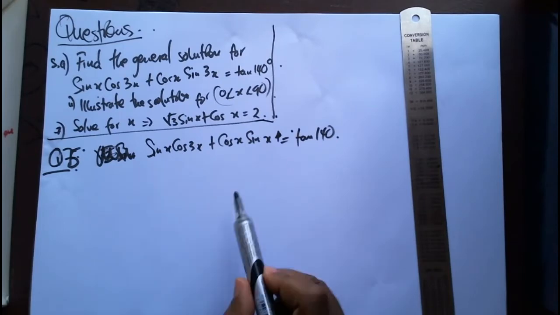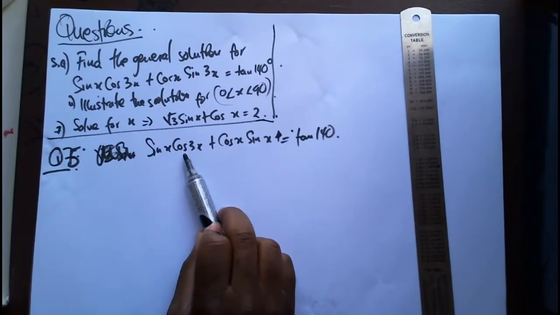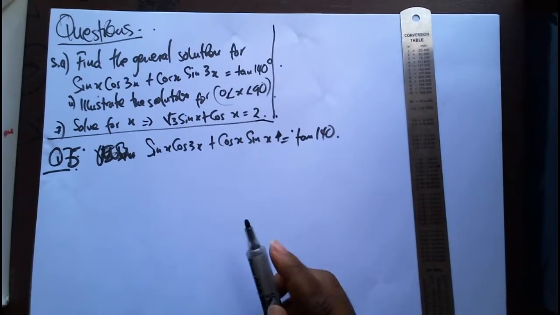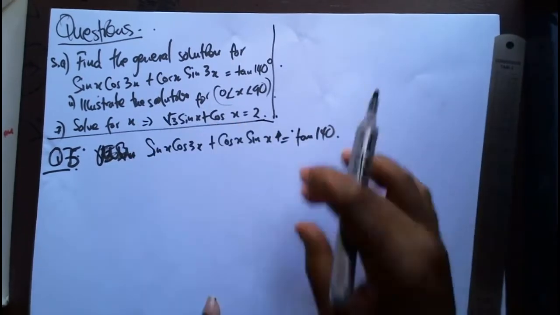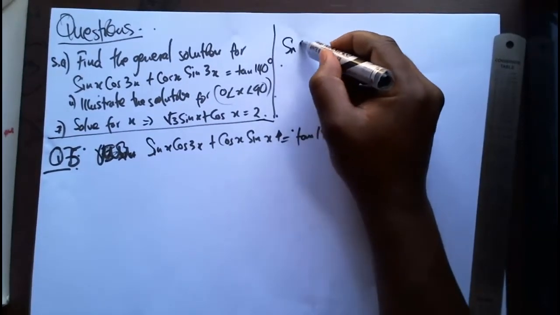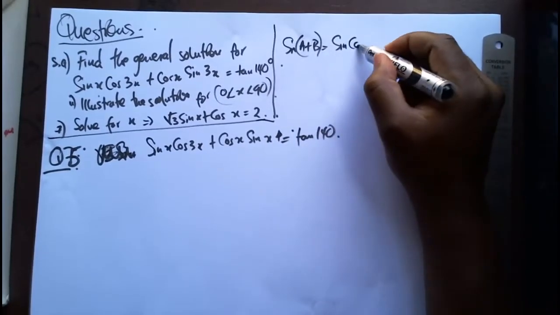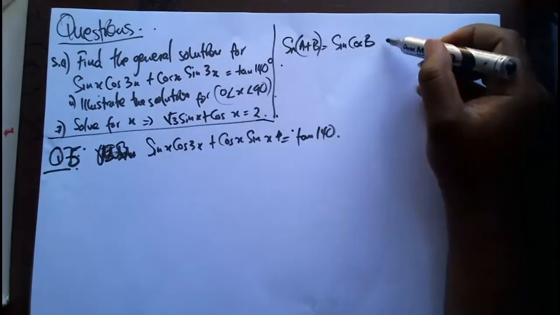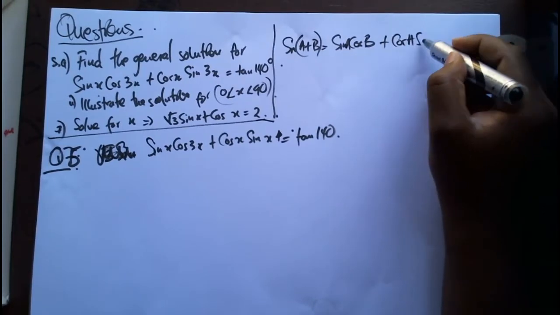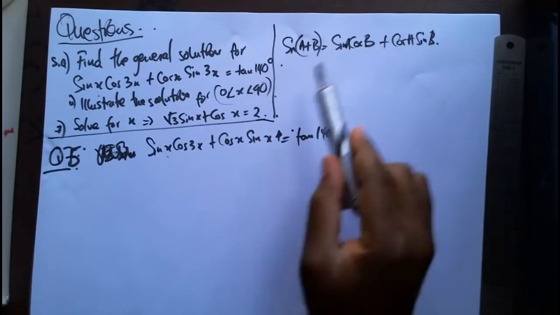Now let's check sine x cos 3x, and I've got cos x sine 3x. But I know this is quite familiar to an identity that I know. The identity says sine of A plus B is equal to sine A cos B plus cos A sine B. I can see that in this case my A is x and my B is 3x.